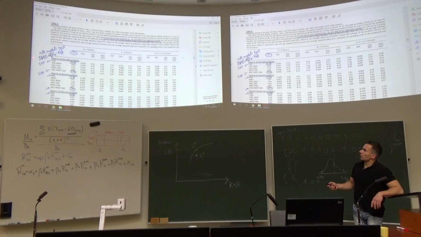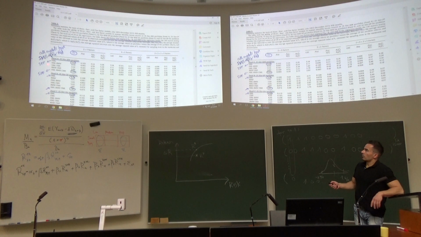They do not report in this table the SMB and the market factor, but all of these regressors also account for the size factor and the market factor. So in the first model, for instance, where they have HML, this means they use the three-factor model: the SMB factor, the market factor, and the HML factor.